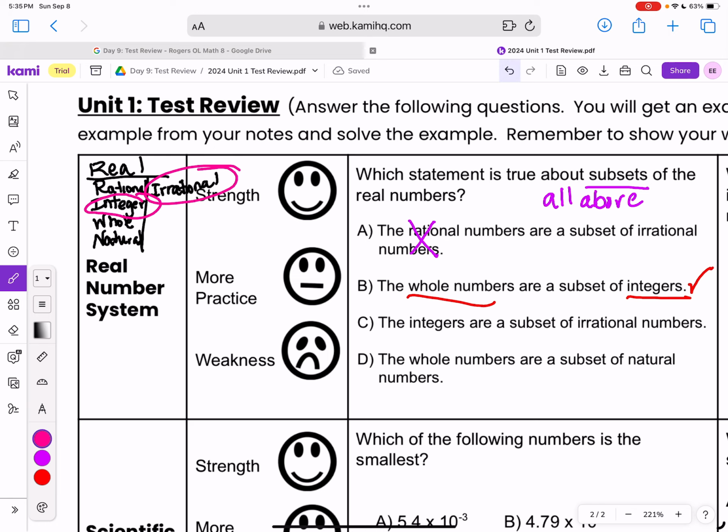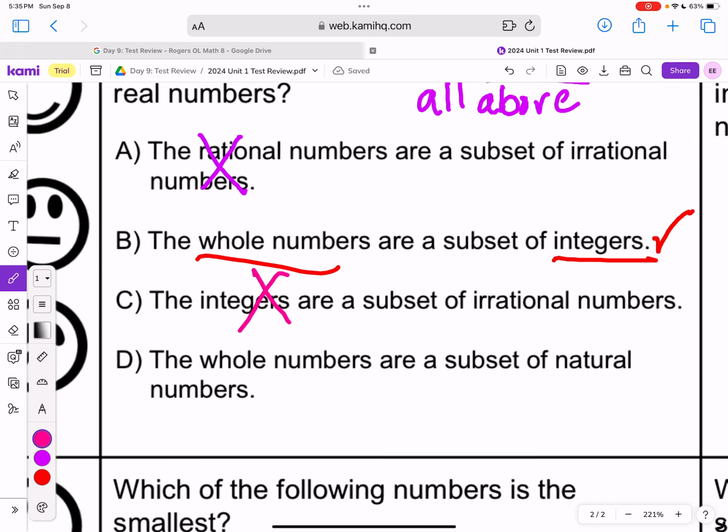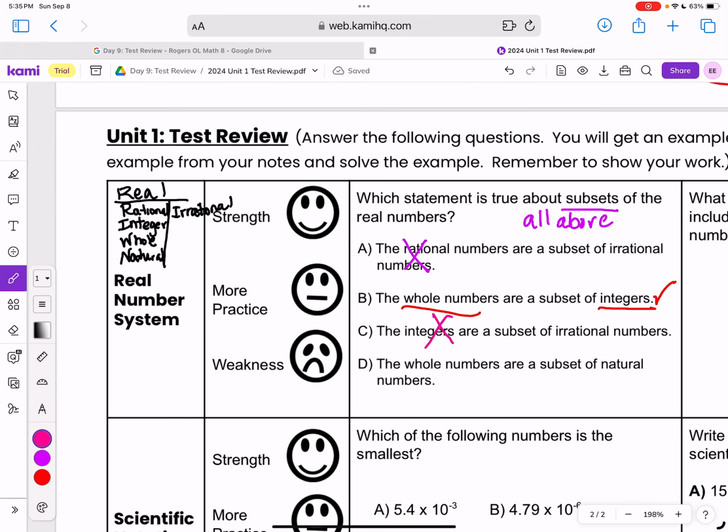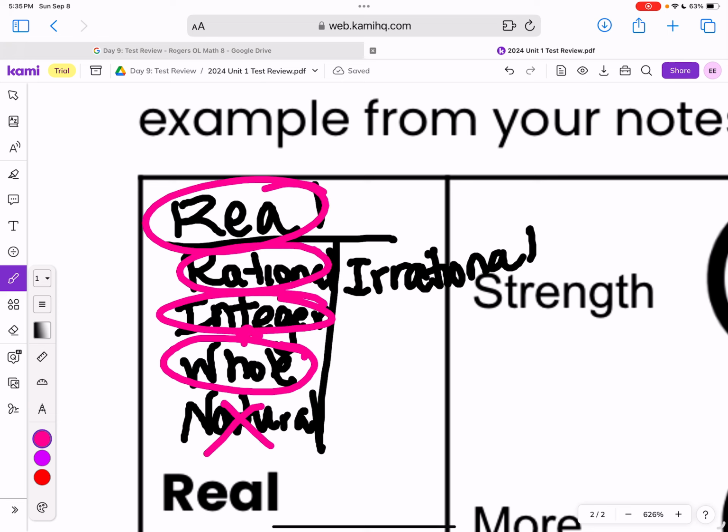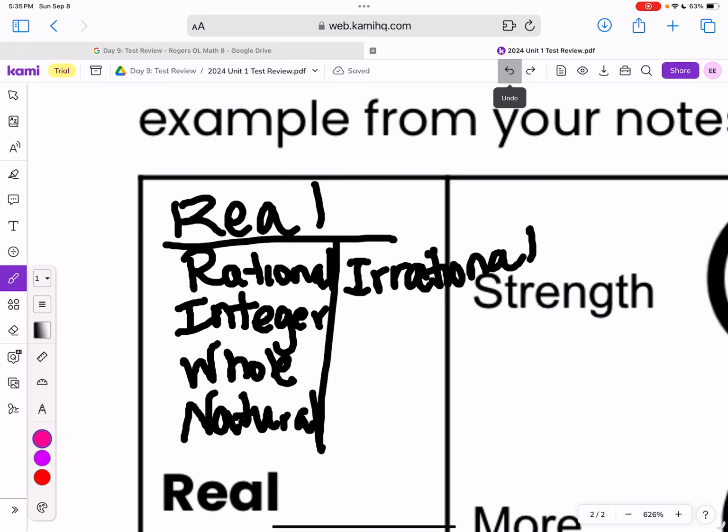So this is where the above part comes in. If I have a whole, it also represents an integer, rational, and real. It does not also include natural numbers. So although it may look like it is, because they're under the same block, it actually isn't, because it's not a subset. You only look at the numbers above it, okay?